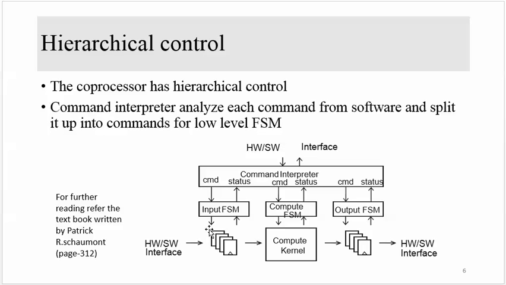A control hierarchy simplifies the design of a control as shown in the diagram in this slide. The command interpreter can easily adapt to the individual schedules from the input finite state machine, from the compute finite state machine, and from the output finite state machine.